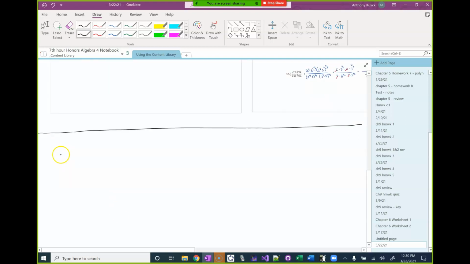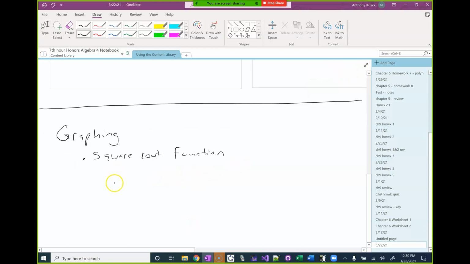So we're going to look at two situations. The first one is a square root function. So let's say our general form for our square root function is going to be this: y equals a times the square root of x minus h, plus k.